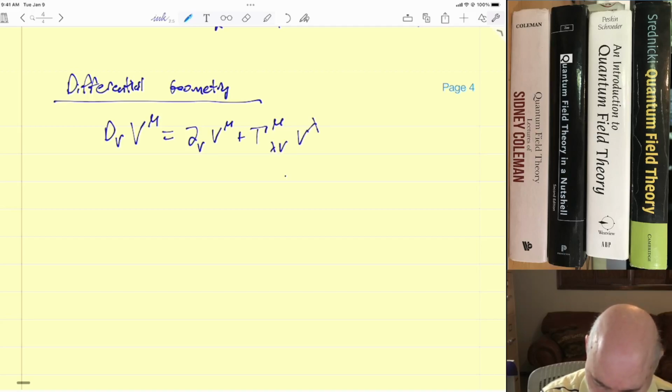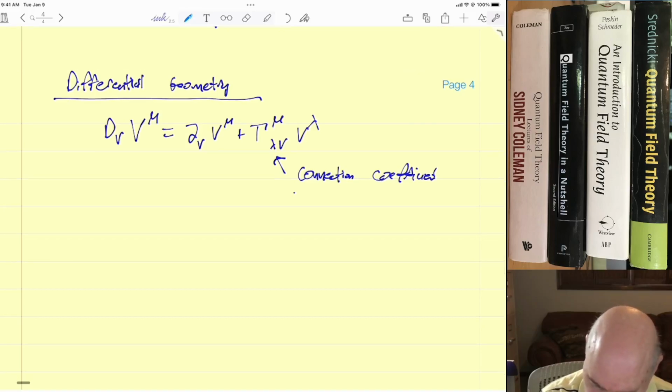These things are called the connection coefficients, and they're defined, at least in standard general relativity, let's see if I remember this, I might be off by a sign here.